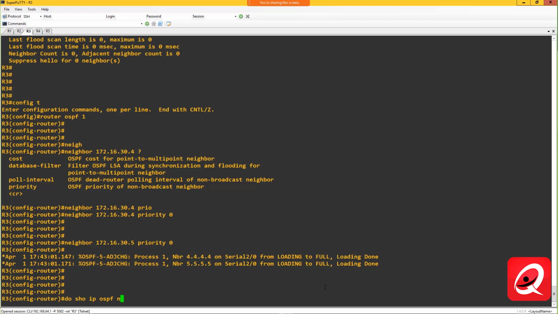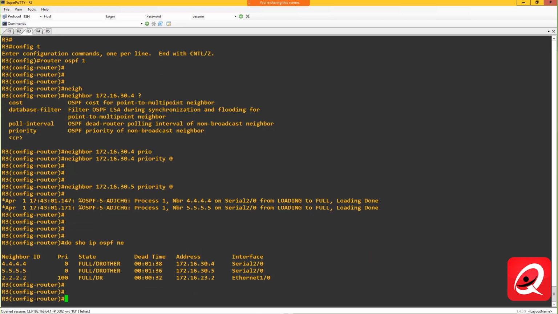So if I do a show IP OSPF neighbor, we can see that for router 4 and router 5, the priorities are 0. It is trying to do a DR/BDR election. So because it's a non-broadcast multipoint topology, we've identified router 4 and router 5 as DR others because they can never be elected, because the priority we set for those peers is 0.